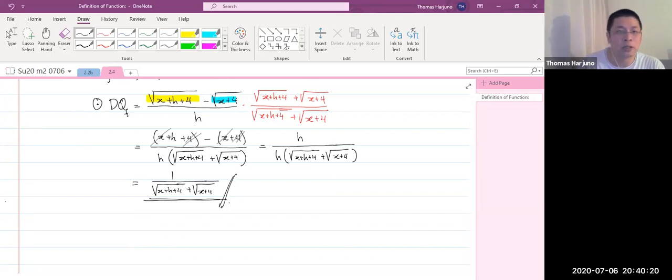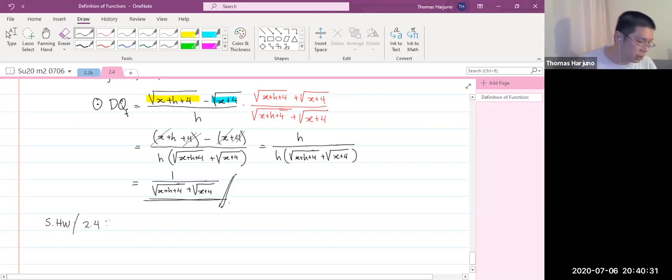Okay, now the suggested homework from section 2.4 will be number 1, number 3, those are the Mickey Mouse ones, number 9, number 11 and 13.